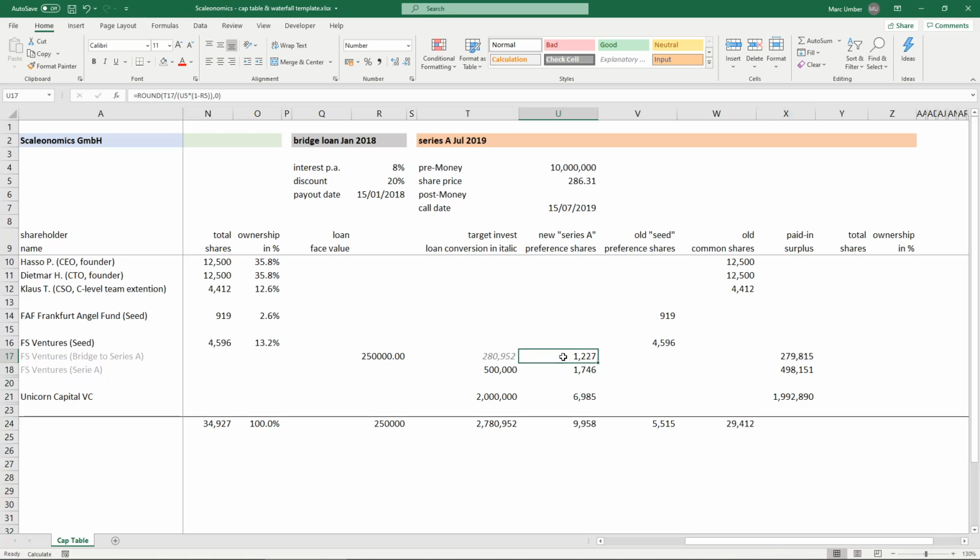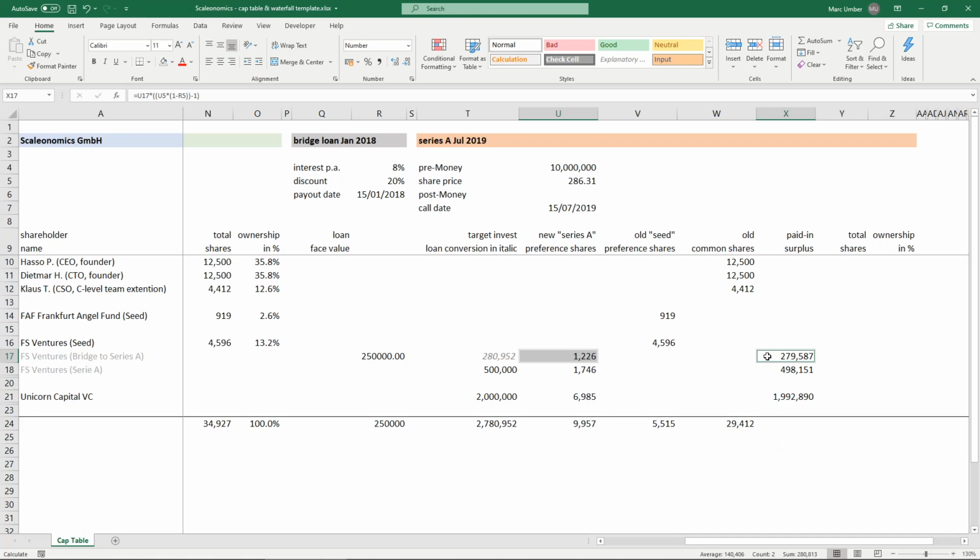Another way to be safe from paying extra money after conversion of loan outstanding would be to round down, which would give us 1 share less from 1,227 to 1,226. Now the sum of this would be equal to 280,813, which is slightly less than the total loan amount. And the difference can be paid back by Scalenomics to Frankfurt School Ventures.